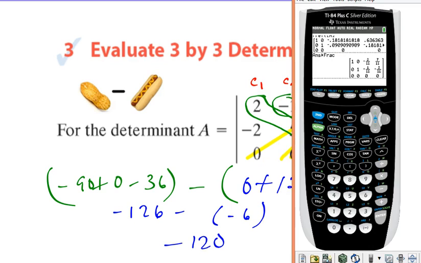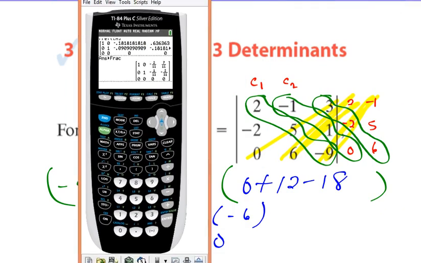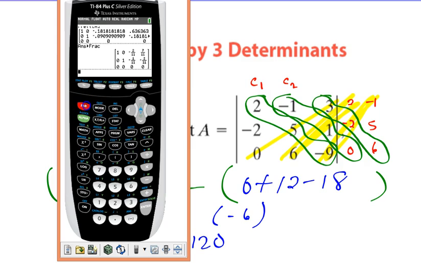We can check this on our calculator by going under second matrix. Let's try that again. Second matrix. I'll edit this as a 3 by 3 matrix, entering each point.